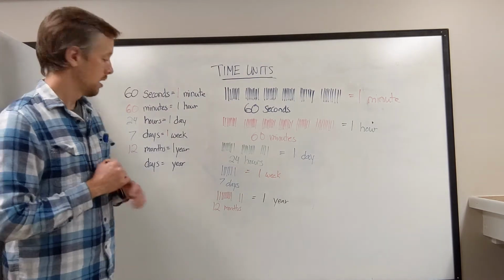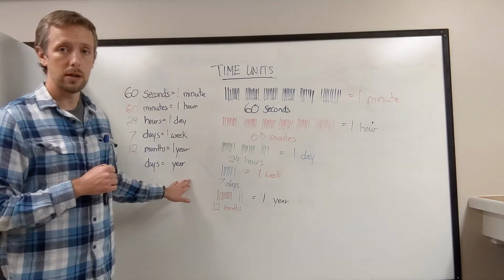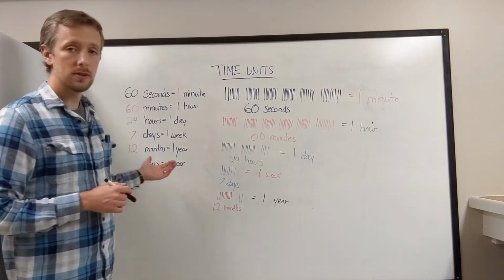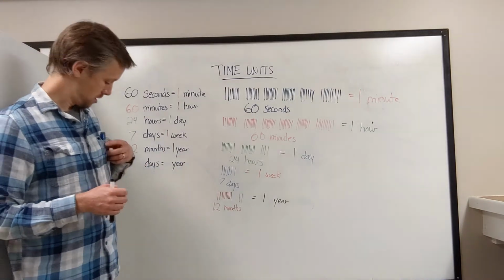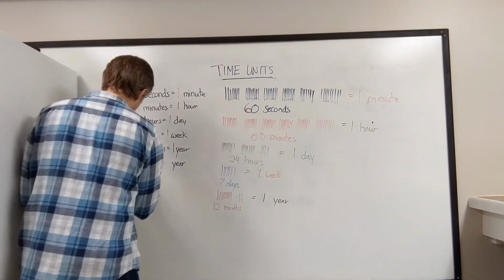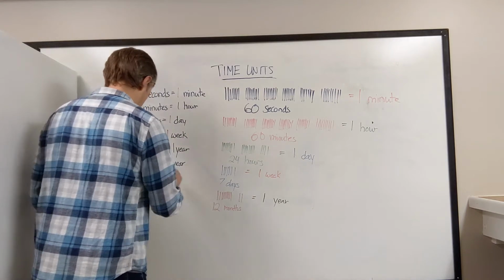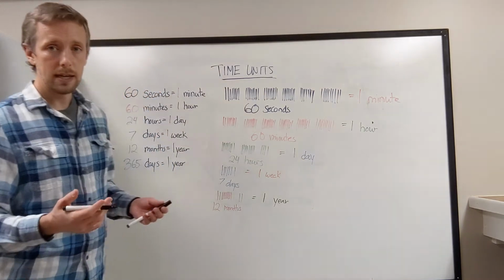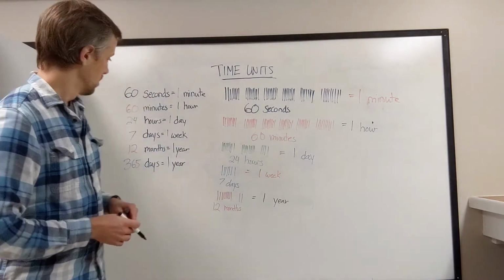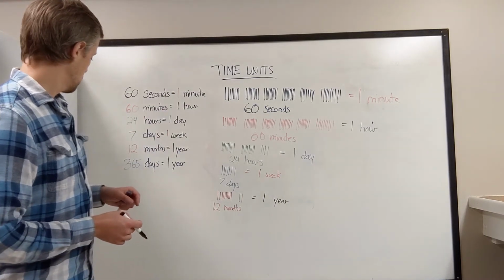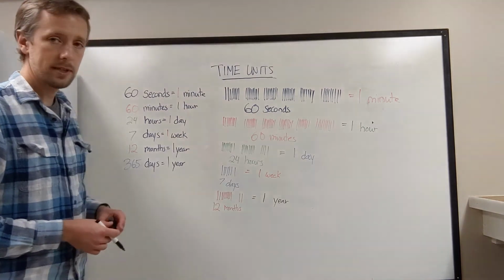Last one. How many days is equal to 1 year? Well, in a typical year, the answer is 365. Let's write that out. 365 days is equal to 1 year. Let's try to draw that out. 365.